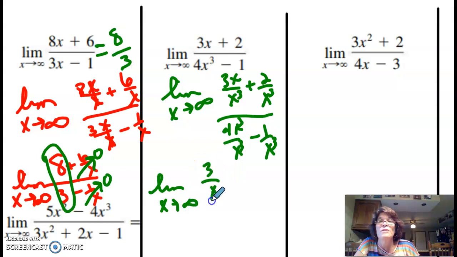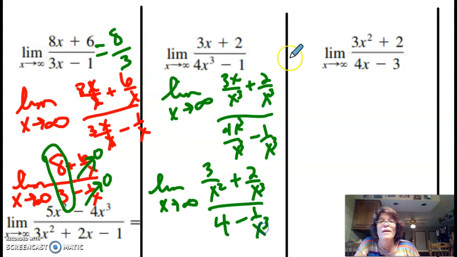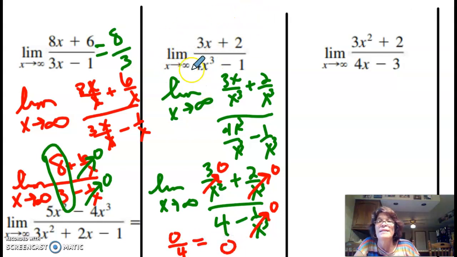That'll be 3 over x squared, and nothing I can do with the next term. 4x cubed over x cubed becomes 4. Then I take the limit of each one. The numerator terms go to 0, so I get 0 over 4, which is 0. So the limit as x approaches infinity of this is 0.